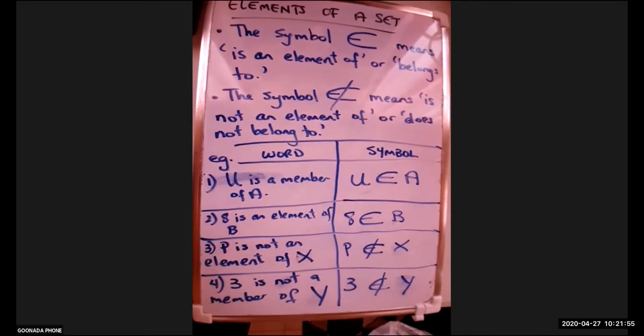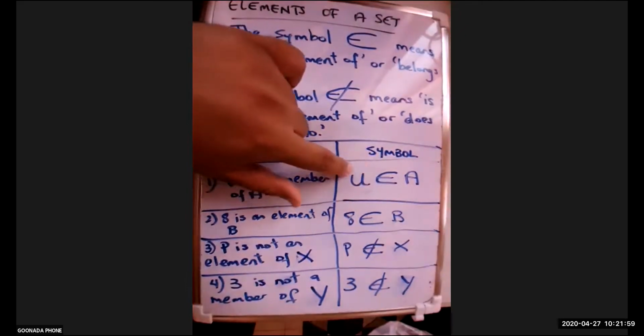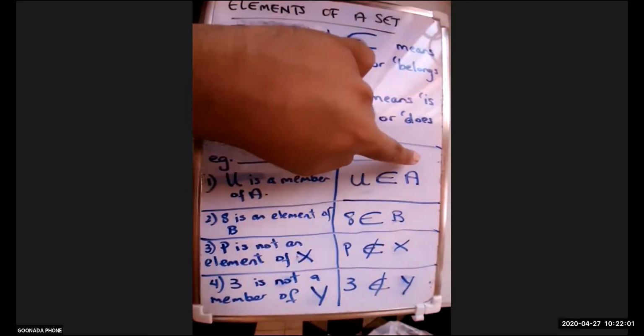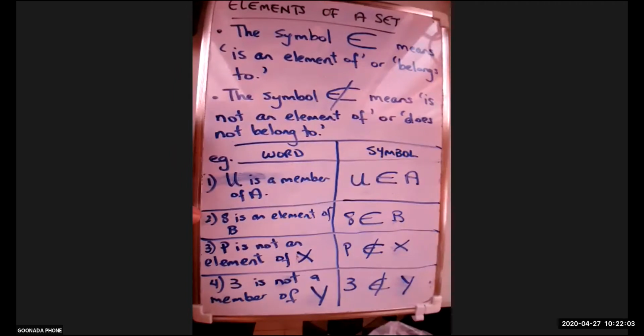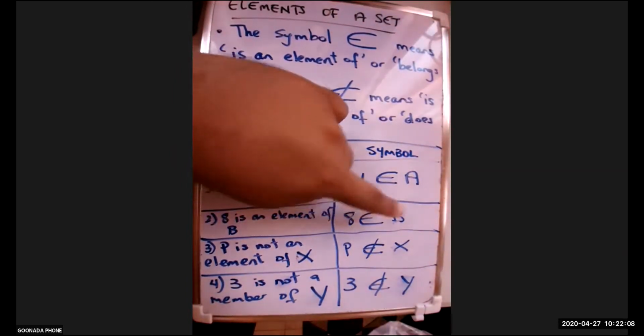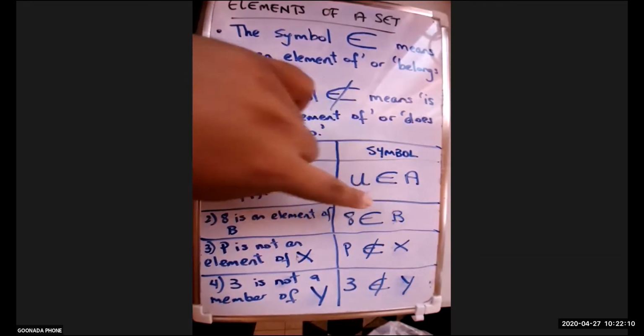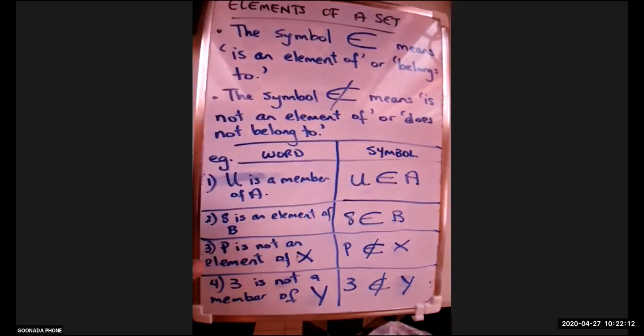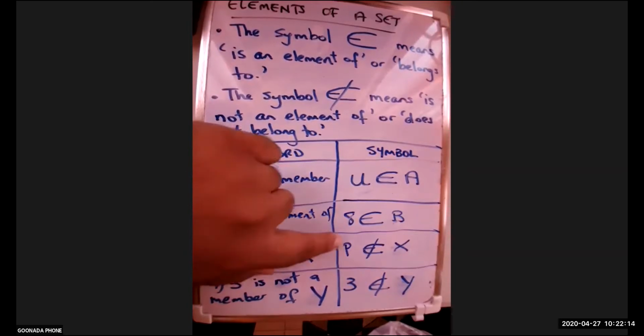So the first one, U is a member of A. In symbolic form, it will be U is a member of A. Let's look at the other one. 8 is an element of B. That means that 8 belongs to B, or 8 is an element of B. That's where you write it, right? Next one, P is not a member or not an element of X. So this is where you write it.